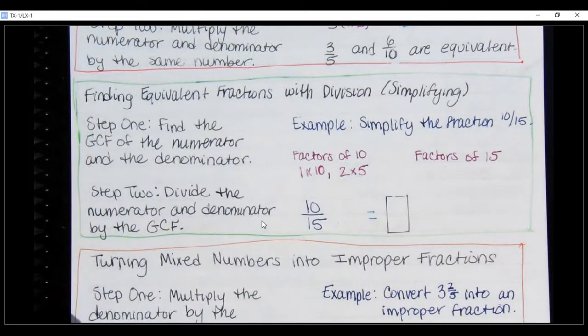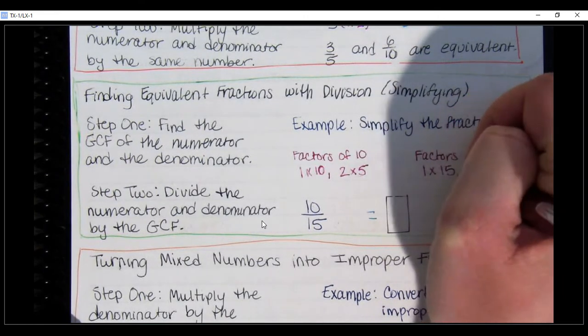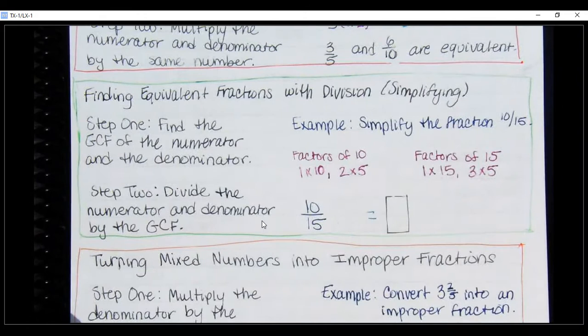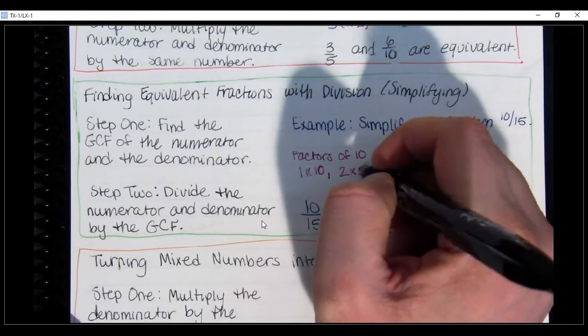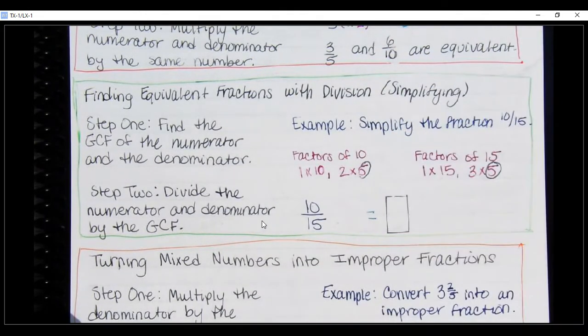And now I need the factors of 15. I have 1 times 15 and 3 times 5. I need to find the biggest number in both lists. And if I take a look, the number 5 is the biggest number on both lists. Great, step 1 is done.